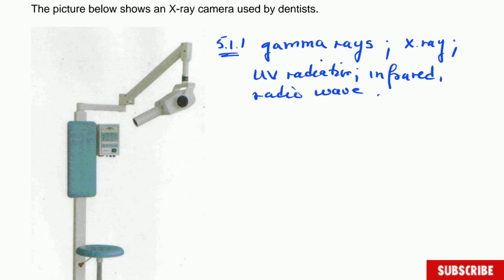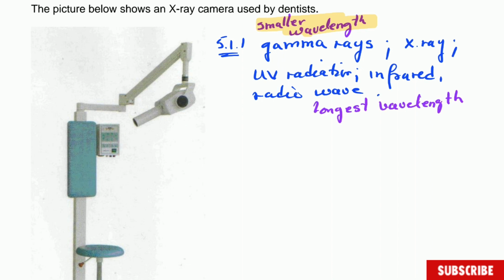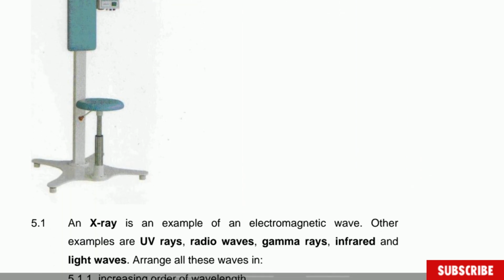Okay, so if we do that, you need to remember that on this side, starting from the gamma ray, will have the smallest wavelengths, and then the radio wave will have the longest wavelength. The longest wavelength, but now the longest wavelength of the ones selected in the question, which are not all of them.